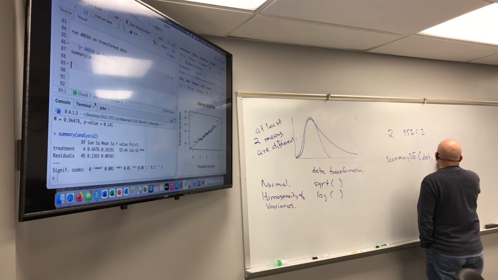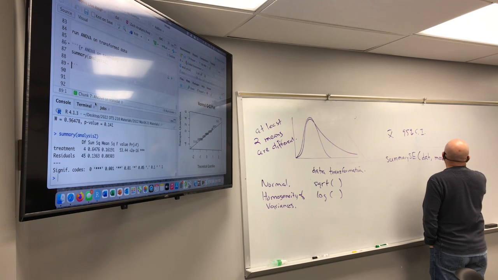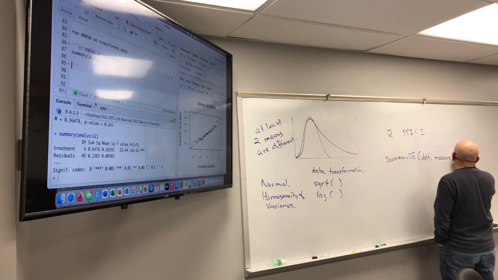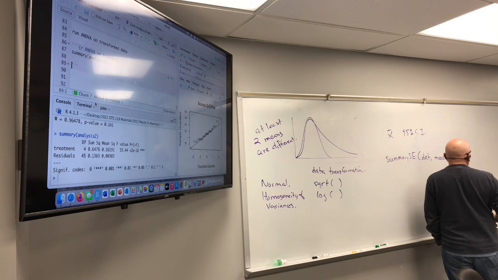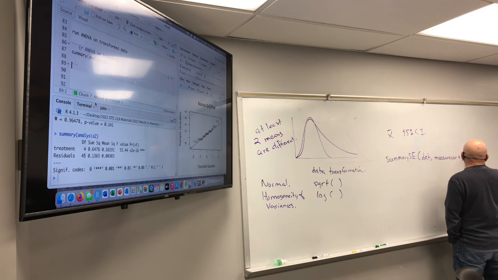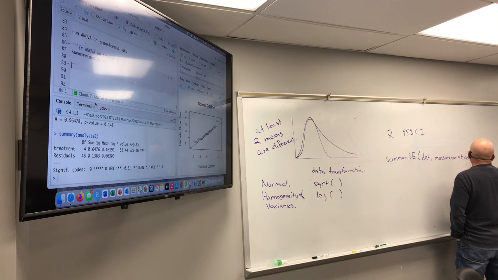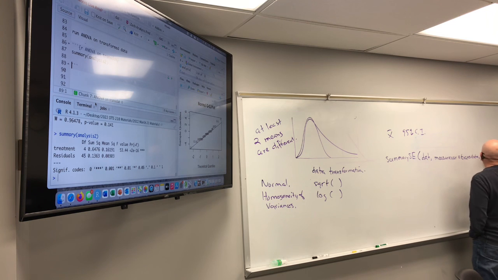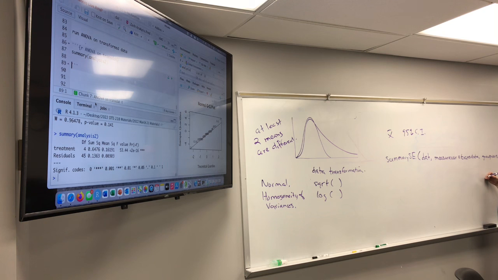You want to know what the measured variable is, which in this case is going to be transdat. And you want it to group by something. What is our grouping variable? Our grouping variable is treatment in this case, right?